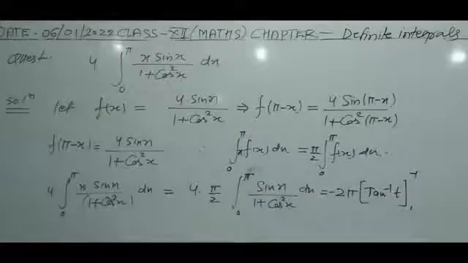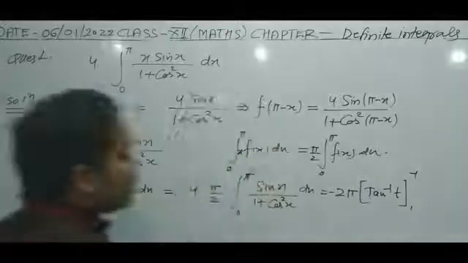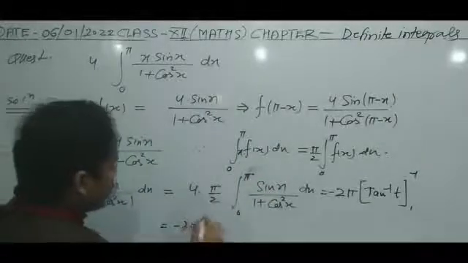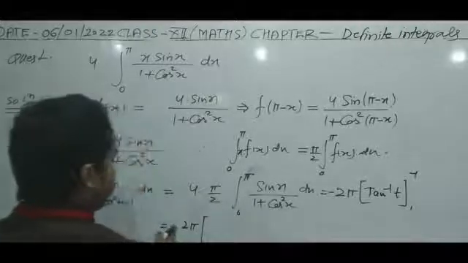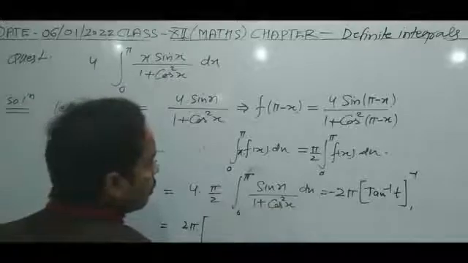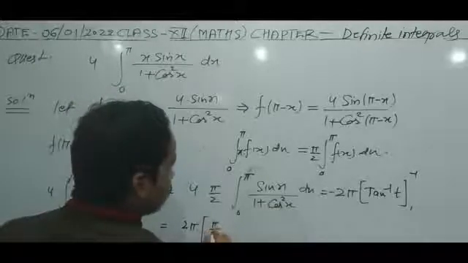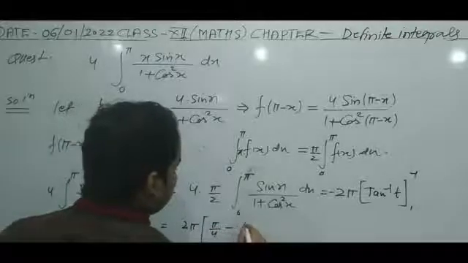After integrating and putting in the values, you will get minus 2 pi in bracket, and the upper and lower limits change, so tan inverse gives pi by 4 minus of minus pi by 4.